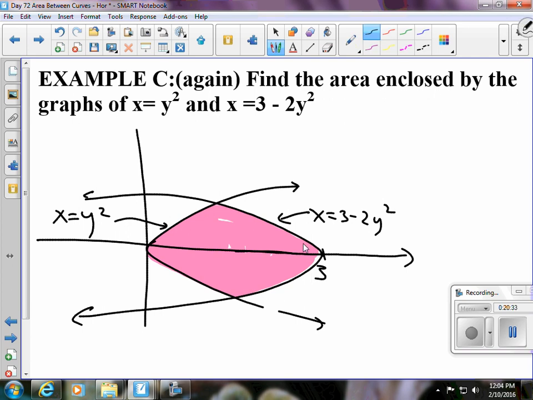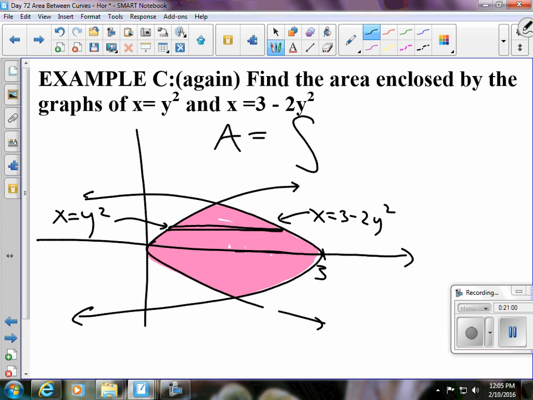All right, so we're going to get the area using horizontal strips. Right? Horizontal strips are the way to go because you think this problem's going to be so bad, and it works out great. Horizontal strips: X right minus X left.